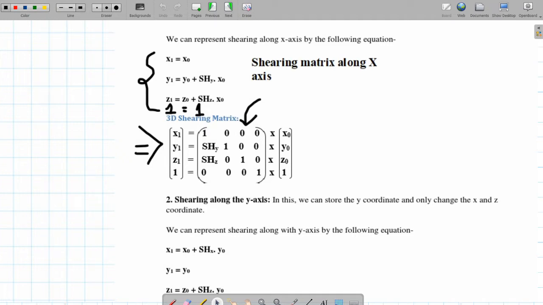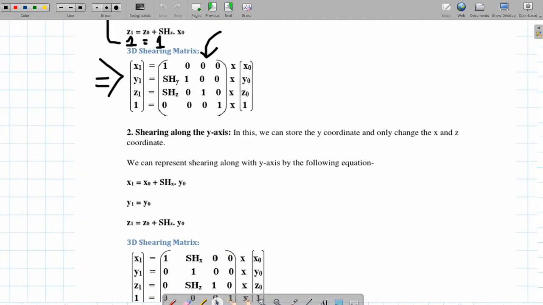Now let me look into shearing along y-axis. In this case, there will be no change in y-axis or y-coordinate value. Changes will take place only in x and z coordinates.